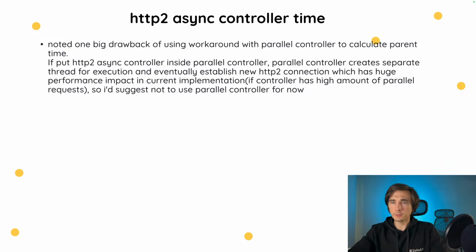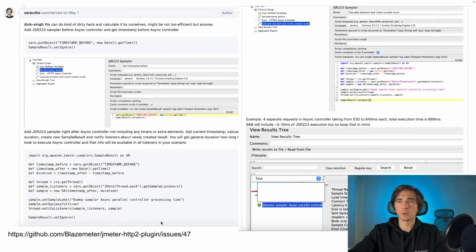So as a workaround, you can go to this issue. Actually, I provided a comment there. You have the async controller here, and you can add this set timestamp before it. We just specify the current timestamp, and then add a JSR sampler after the async controller with this code.